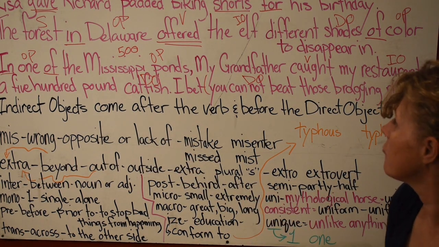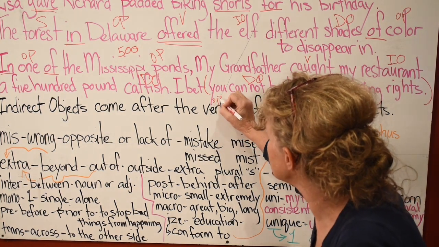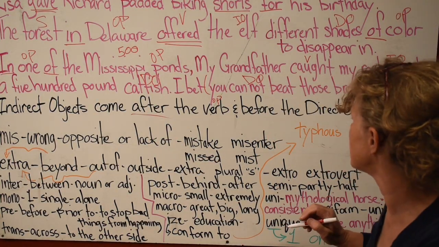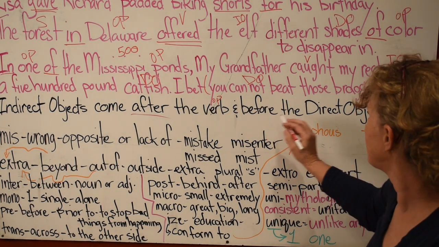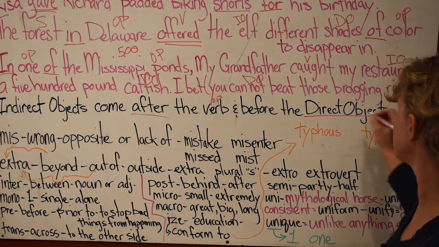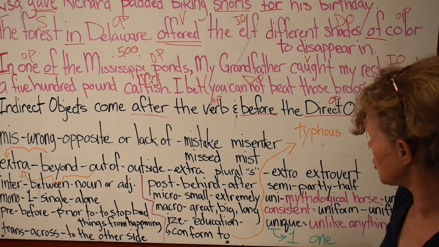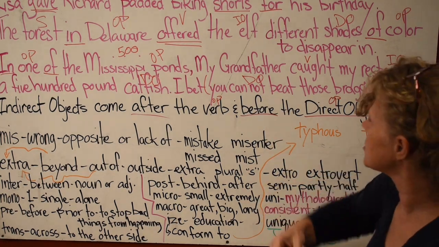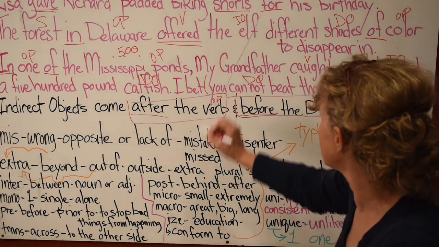This is the object of the preposition, because this right here is your preposition. And then what do we have? Object of the preposition, before the direct objects right there. Here is your preposition, so this whole thing is your prepositional phrase. This is your prepositional phrase. This is your prepositional phrase.